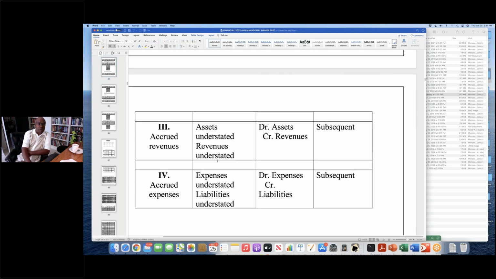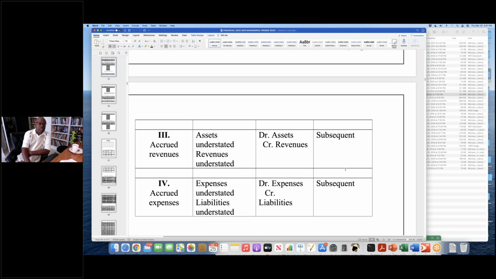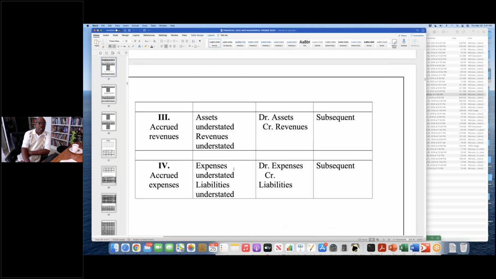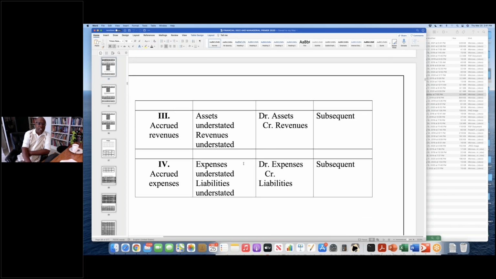In the accrual situation, we've recorded some revenue, but we get it later. Or we got an expense to pay, we pay it later. So see the difference, deferrals: cash has already been involved before the adjusting entry. In accruals, cash is involved later.